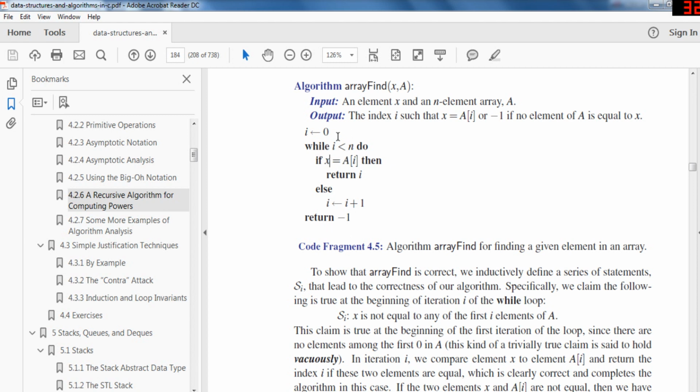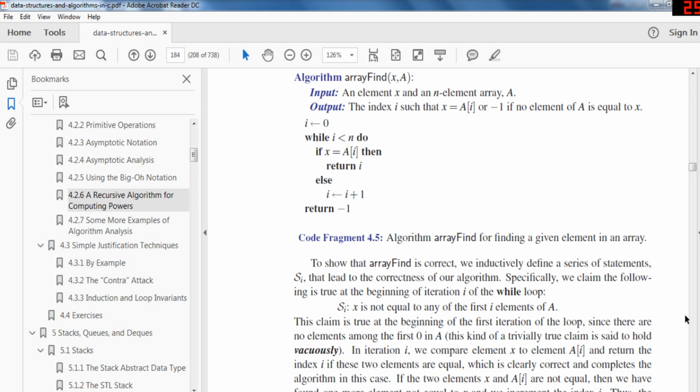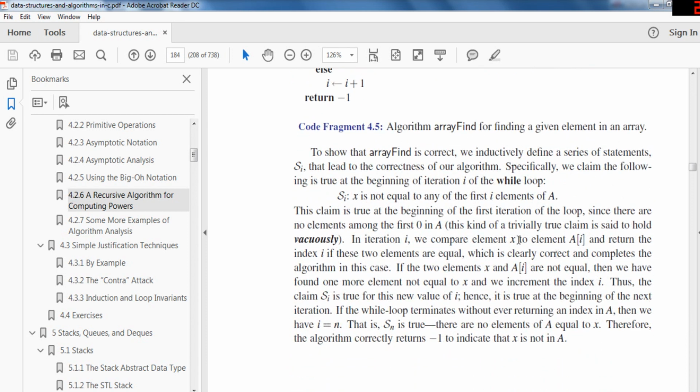After each iteration, we know definitely that x is not equal to any of the elements checked so far. Why? Because if it was, it would have returned i. So that's why we know for each iteration it's not equal. Thus the claim S(i) is true for the new value of i. Hence it is true at the beginning of the next iteration.